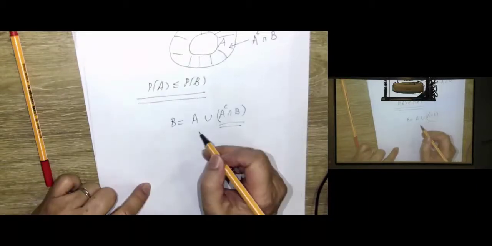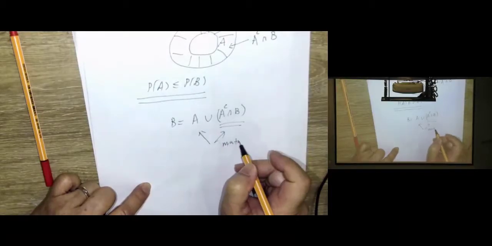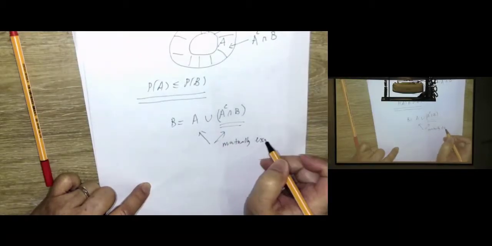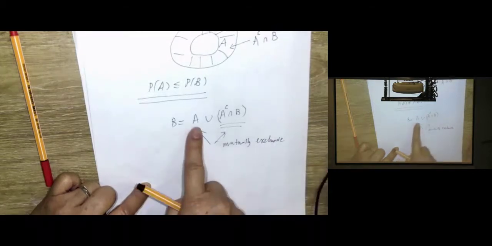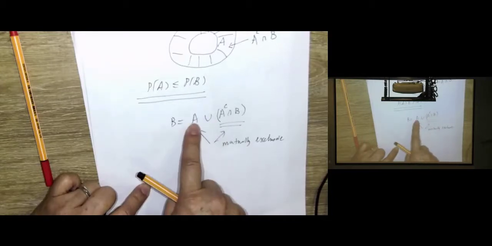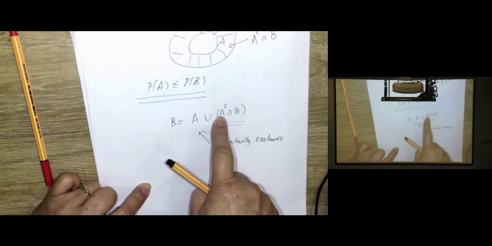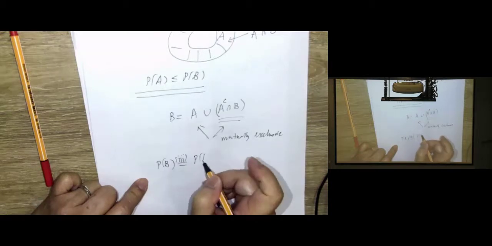The first thing is this event and this event are mutually exclusive, right? Because if there is an element that belongs to both of them, this element has to belong in A, but this element has also belonged to the opposite of A. That is not possible. So since they are mutually exclusive, axiom number 3 kicks in. So I will have this.